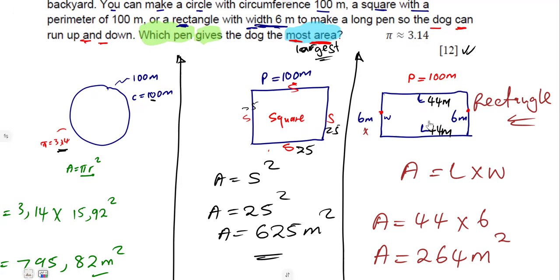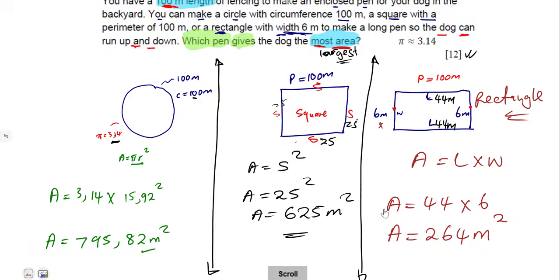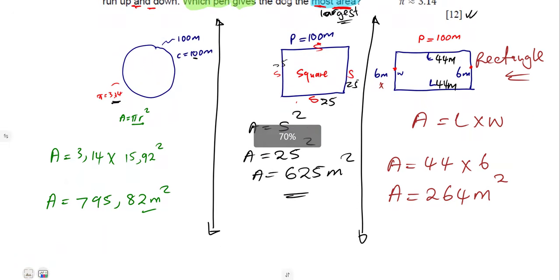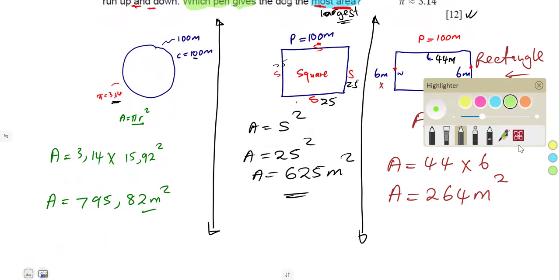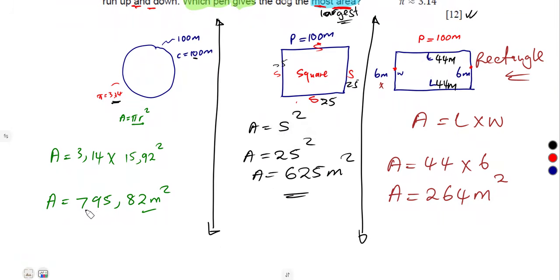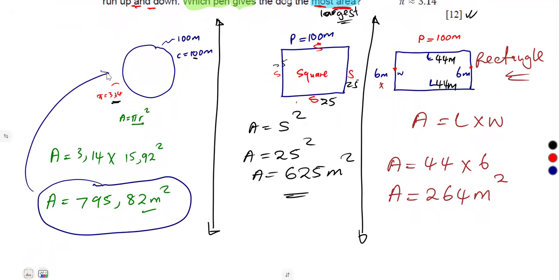Is it a rectangular one? Which one is going to give us the largest or the most? You check on your answers. You can see that the largest or the biggest value, or the greatest value, is what? Is this one on a circle. So therefore the circle gives the most area in that case.